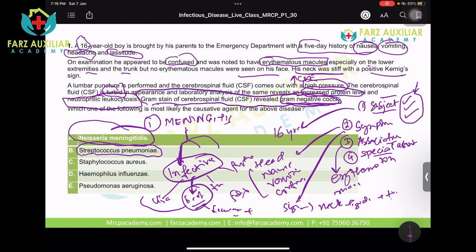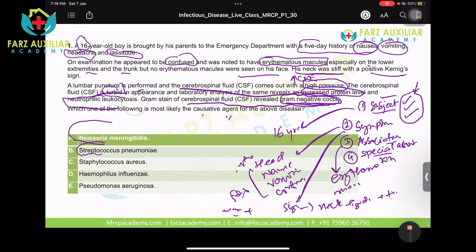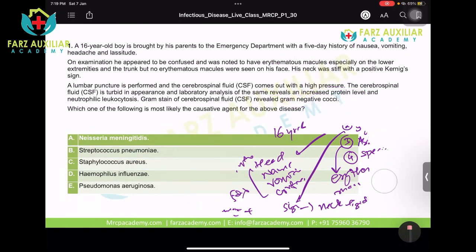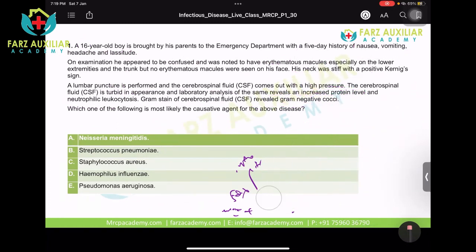Not gram-negative, it would have been gram-positive. What else? How does Streptococcus pneumoniae look? In chain. They can be flame-shaped also. Yes, they are like in this kind of a chain.